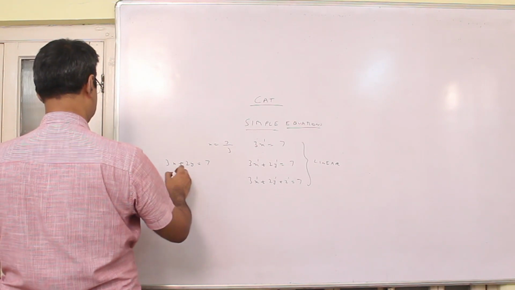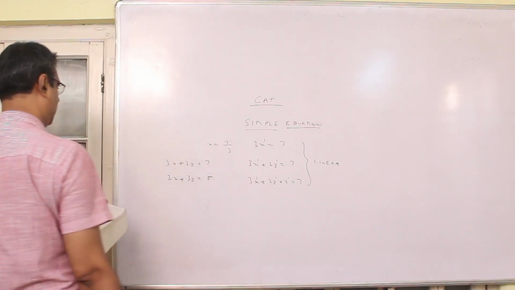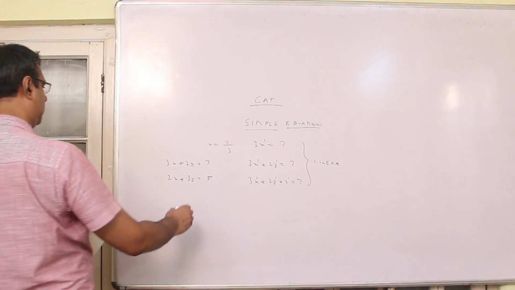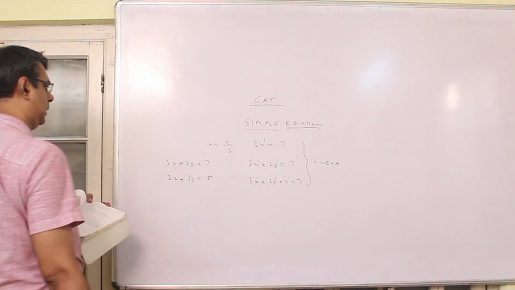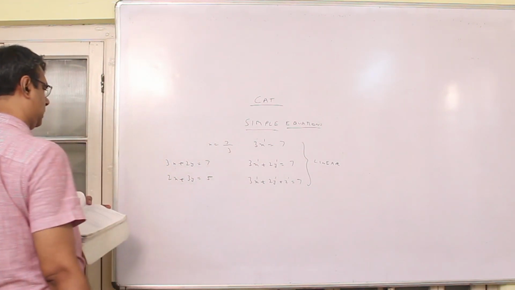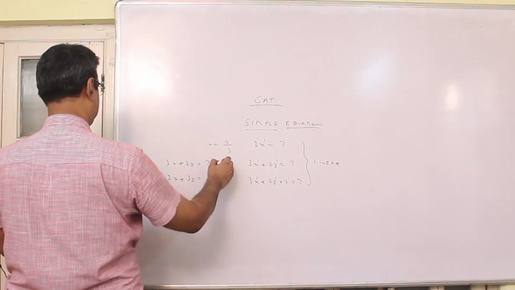There are two variables. So to solve this equation, you need another simultaneous equation. For example, let us say you are told that 3x plus 2y is 7 and simultaneously 2x plus 3y is 5. So you can solve both of them simultaneously.